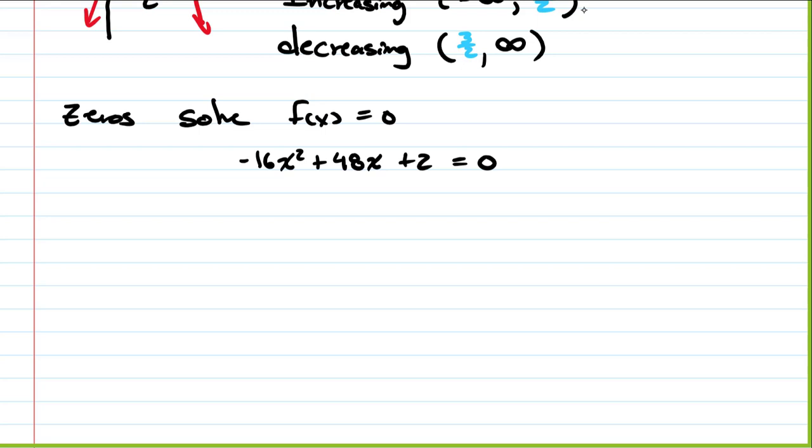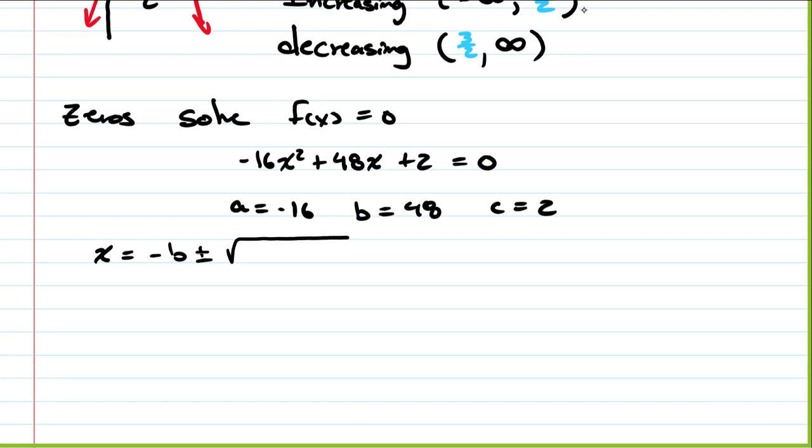So the easiest way to resolve this is just going to be the quadratic formula, right? So we have a is negative 16, b is 48, and c is 2. And our quadratic formula is negative b plus or minus the square root of b squared minus 4ac all over 2 times a.